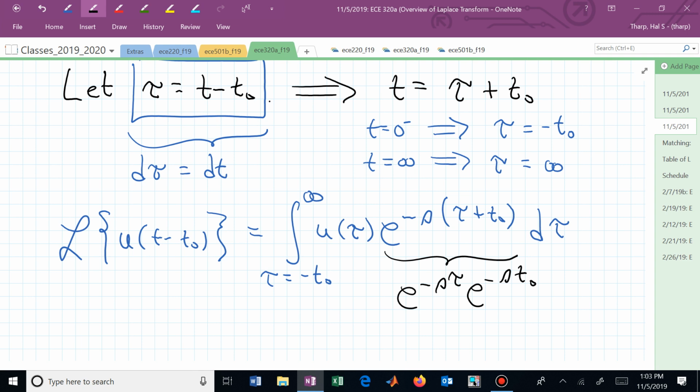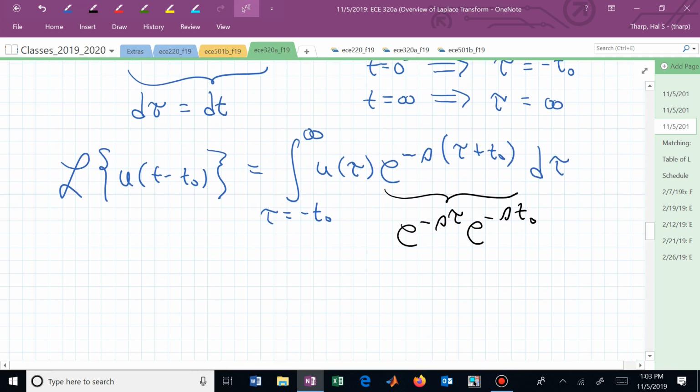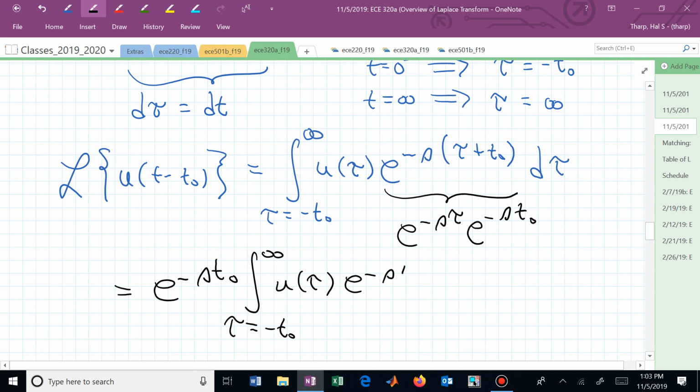That e to the minus s t naught is constant with respect to the variable of integration. I can slide that outside of the integral, so I now have e to the minus s t naught times the integral from tau equals minus t naught to infinity of u of tau e to the minus s tau d tau. And that argument now is looking pretty good.